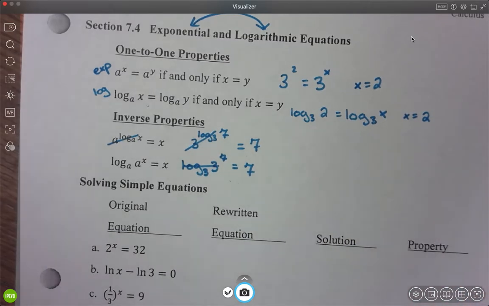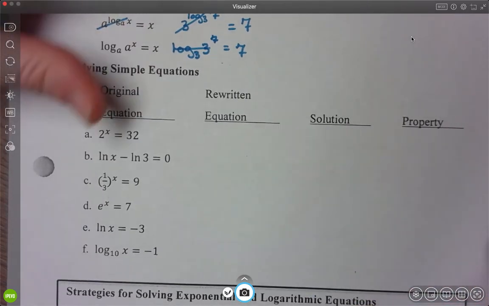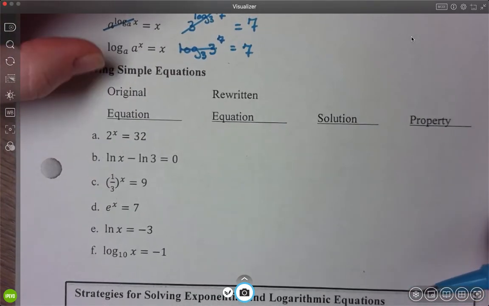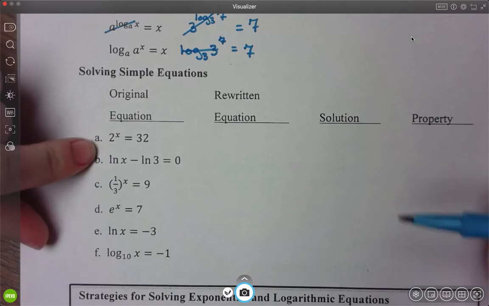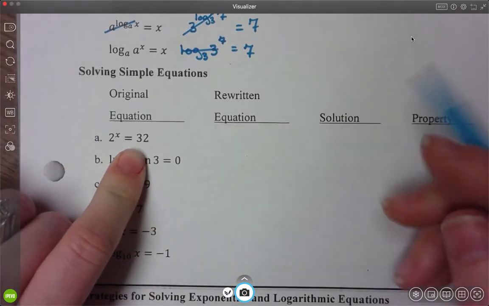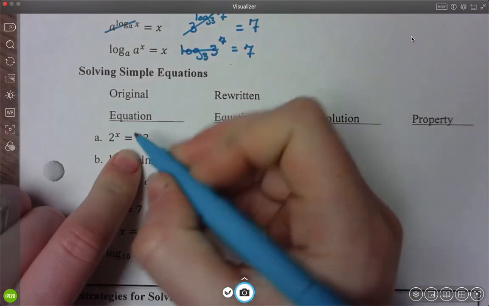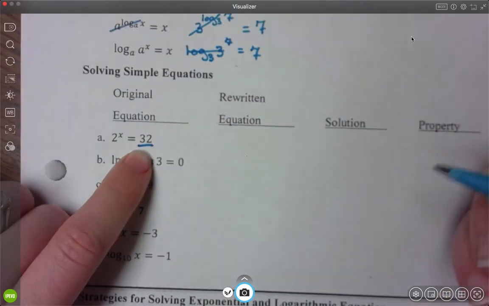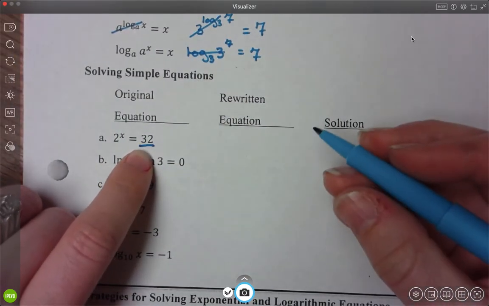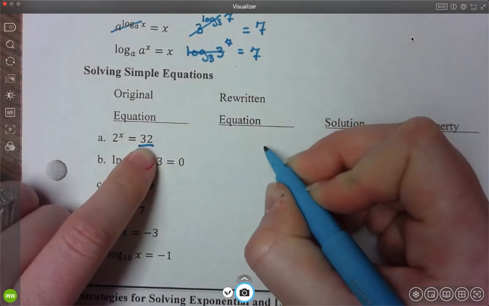Okay, so they want us to solve some things or rewrite the equation here. So we'll do a few of these. A, they have 2 to the x power equals 32. There are many different ways that you can solve this. This is just one way. What I like to do is change the base here. 32, I can change to 2 to some power. 32 would be 2 to the 5th power.